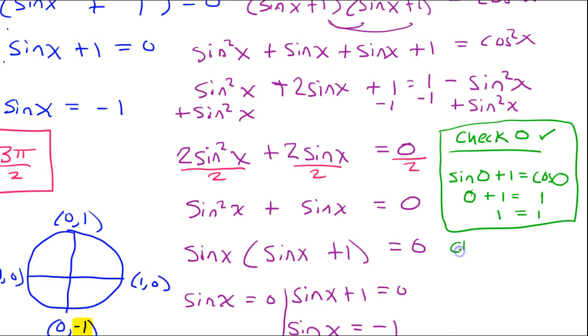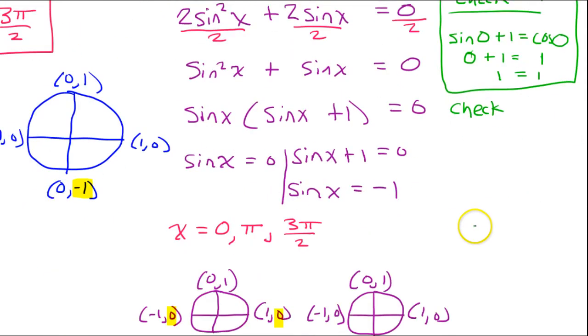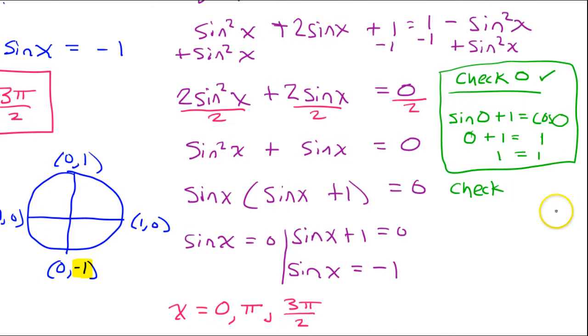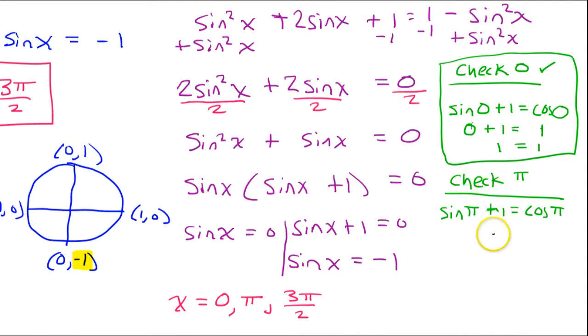Okay, now let's check what else we got. Let's check pi. That would mean sine pi plus 1 equals cosine pi. Just plugging pi into the original equation.